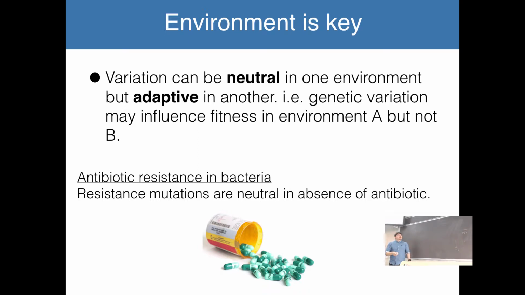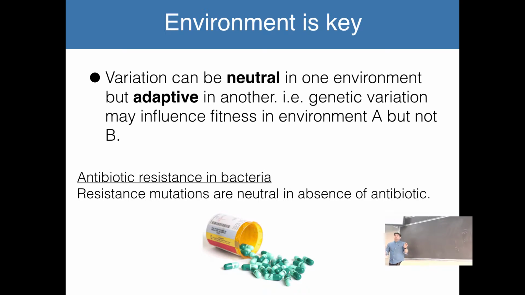So when thinking about neutral evolution and adaptive evolution as well, the environment in which the species or the population finds itself is key. In one environment, a trait might be evolving neutrally, and in another environment, it might be evolving adaptively.